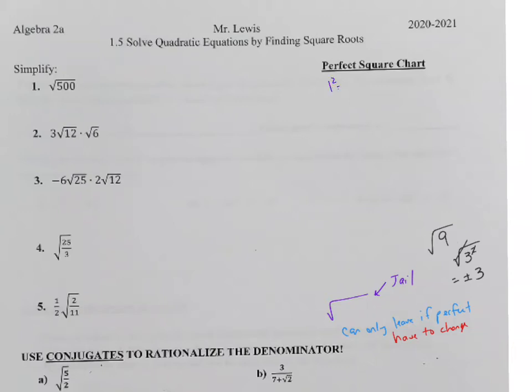So you need to know 1 squared is 1. You need to know 2 squared is 4.